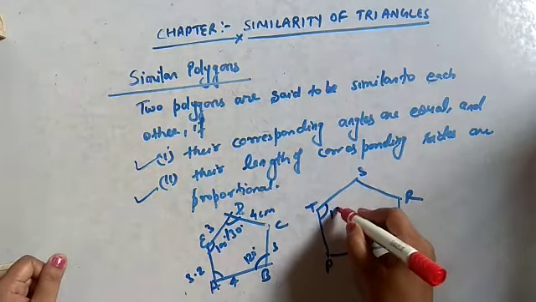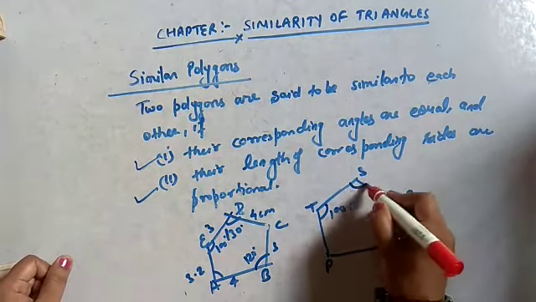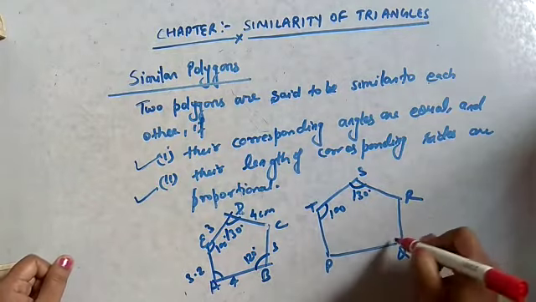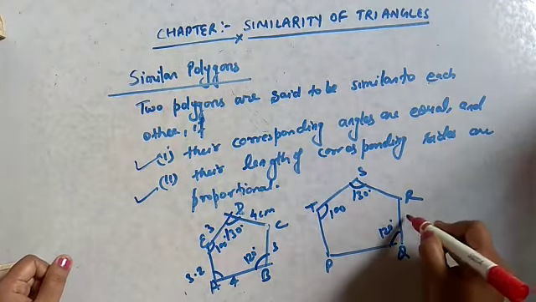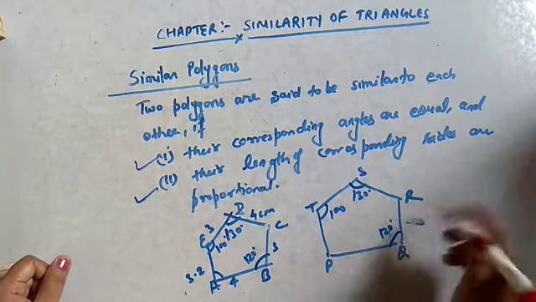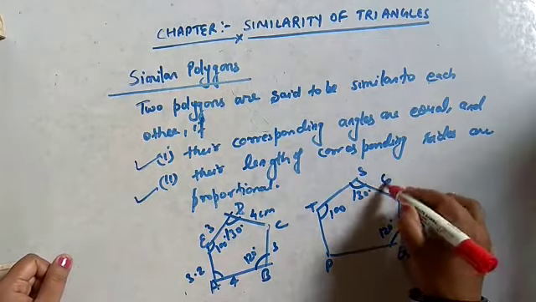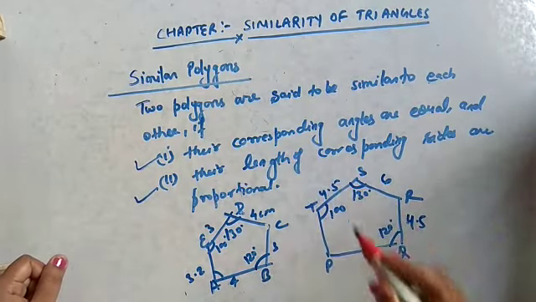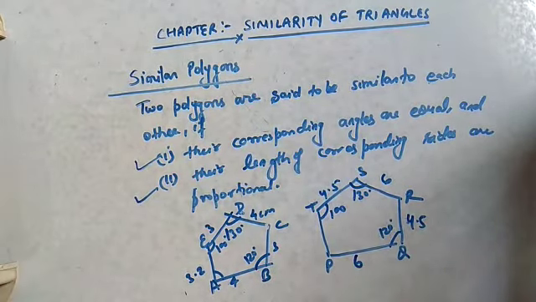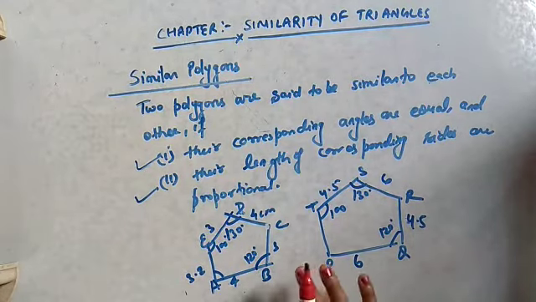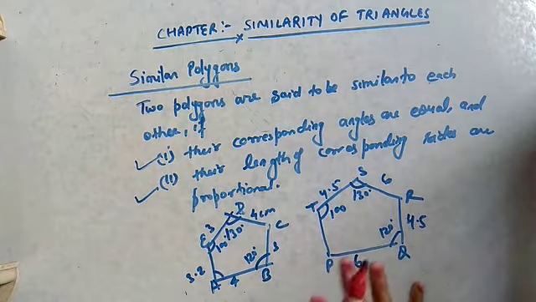In the same way, this is 100, this is 130, this is 120, this is 4.5, this is 6, this is 4.5 and this is 6. These two polygons I am having, these two are pentagons, and we have to prove whether they are similar to each other or not.